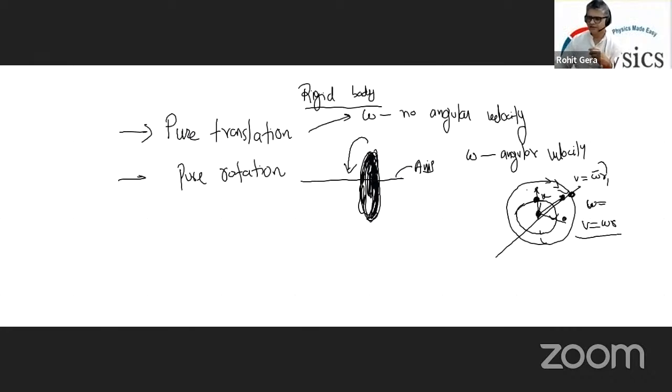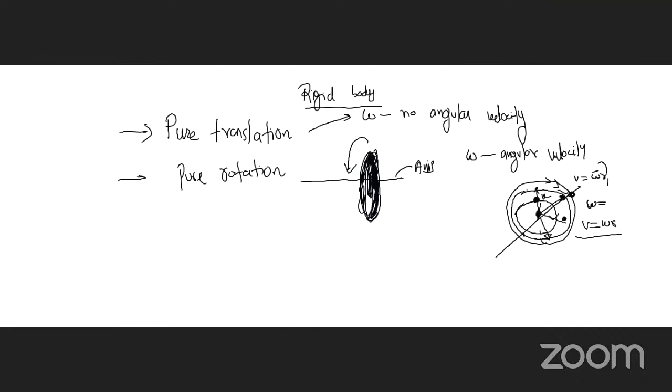So v is not same throughout the rigid body. v is different at different concentric circles. If you draw another concentric circle here, the particles lying on this concentric circle have a different velocity because this concentric circle has a different radius. ठीक। Right?